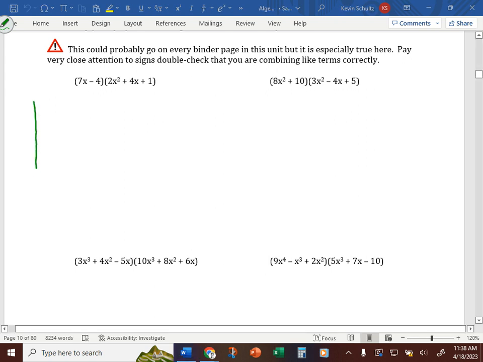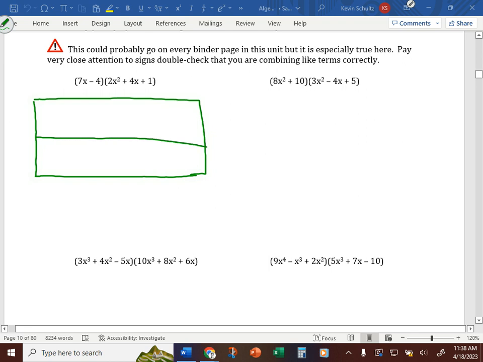Typically, I like to make them so that the longer term is on top, just for space purposes. But again, don't make this too small. You're going to be writing terms with negative signs and exponents. Make it sizable.